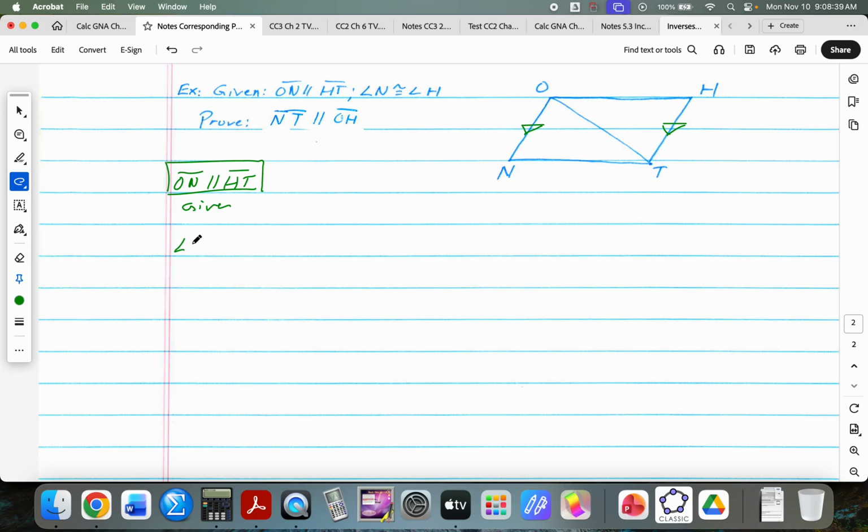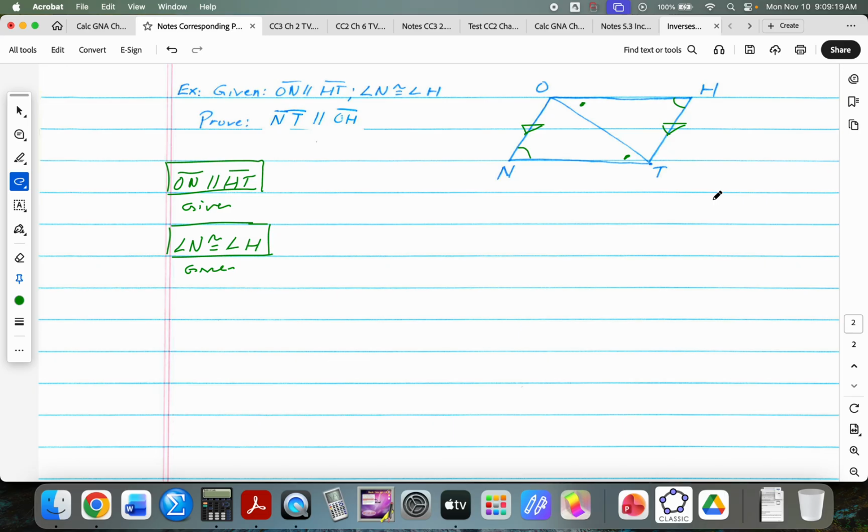And that angle N is congruent to angle H. So what we want to do in order to prove that NT and OH are parallel is prove that these two angles are congruent to one another.